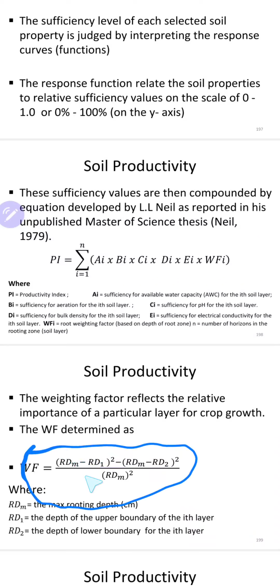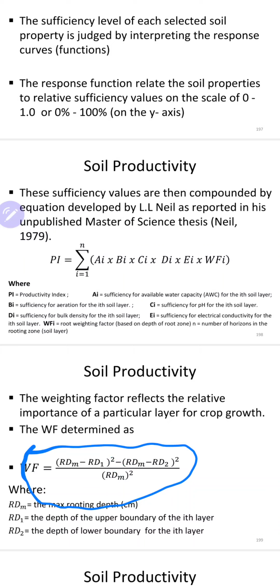Since you are given depths in ranges, you take the maximum depth minus the upper boundary, the smallest, square that answer, and then subtract from it the maximum minus the lower boundary, squared.